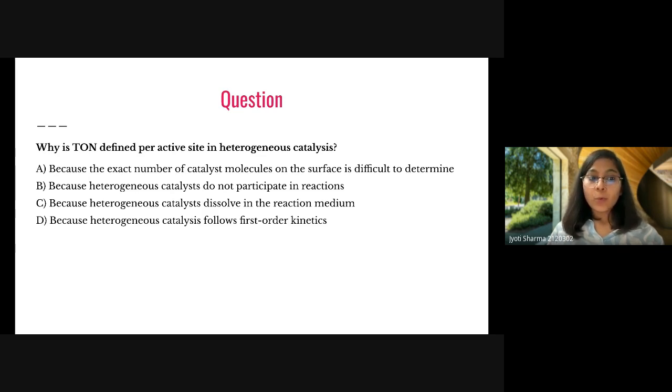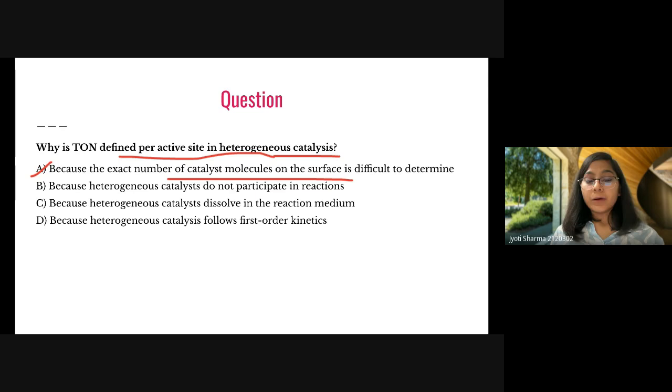So what do you think? Why is TON defined per active site in heterogeneous catalysis? Here the right answer is A, because the exact number of catalyst molecules on the surface is difficult to determine. So first you have to understand the different types of catalysis or catalysts.